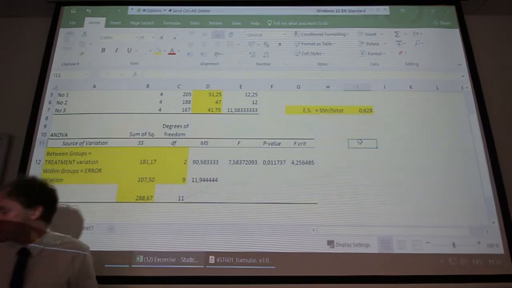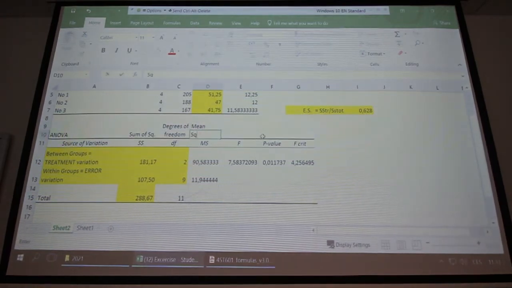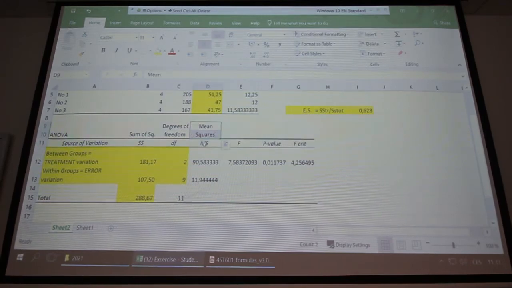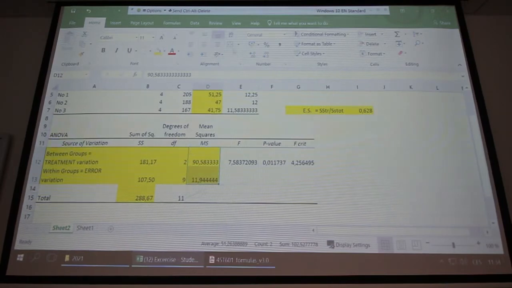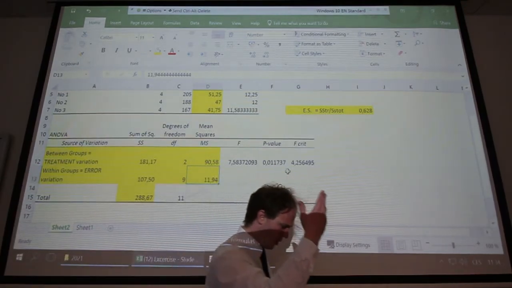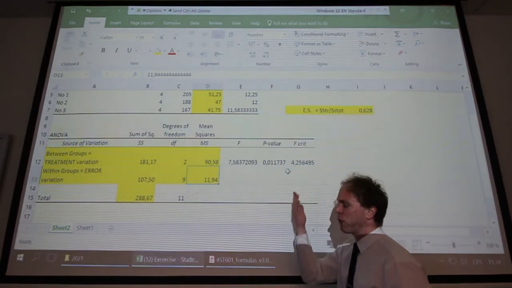Mean squares. What is it? The mean calculated from squares. You can see the values 90.58 and 11.94. Mean square is a variance, because it's a mean calculated from the sum of squares.